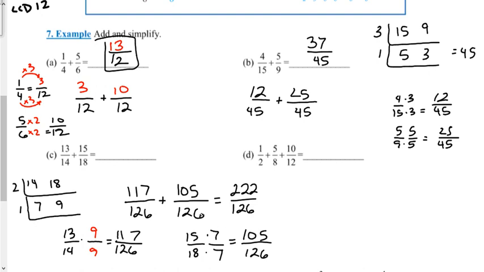Now, the next thing that we're going to look at here is we've got to work on reducing these. Right away, I see that 2 goes into each of them because they're even. So I'll divide the top and the bottom by 2. That gets me 111 over 63. Because of my trick with 3s, I know that each of these will be divisible by 3.